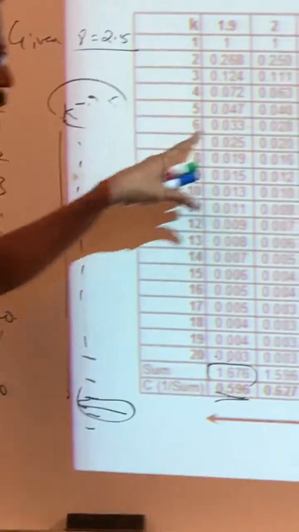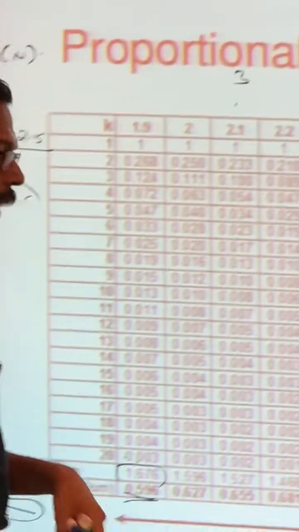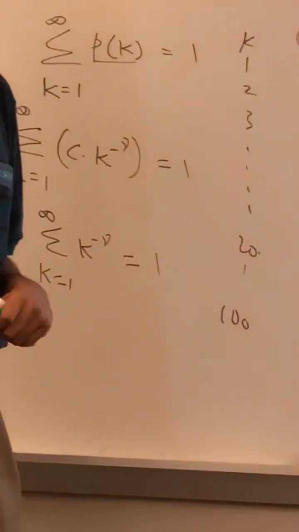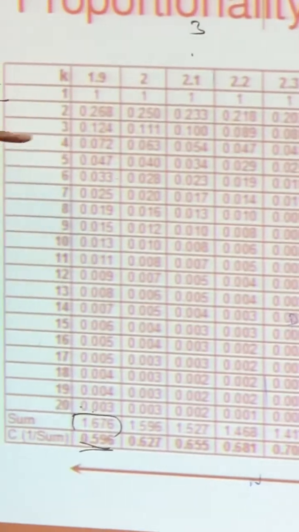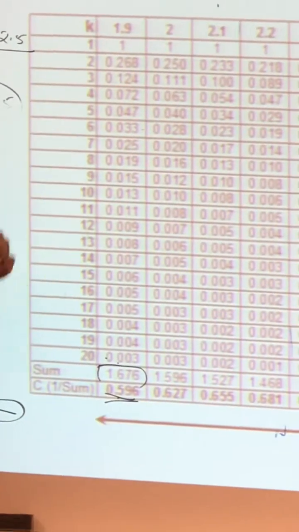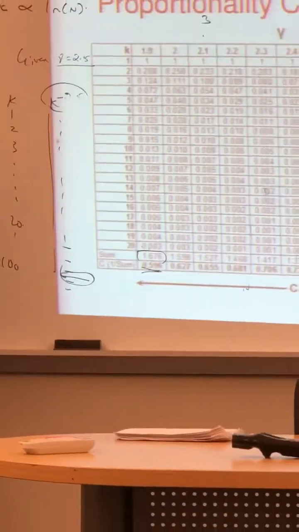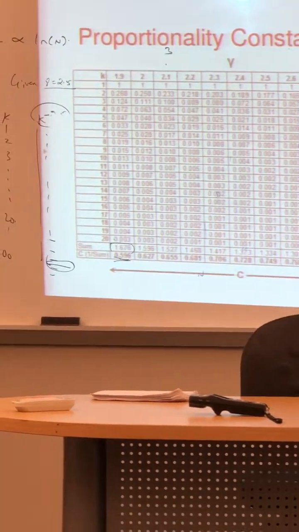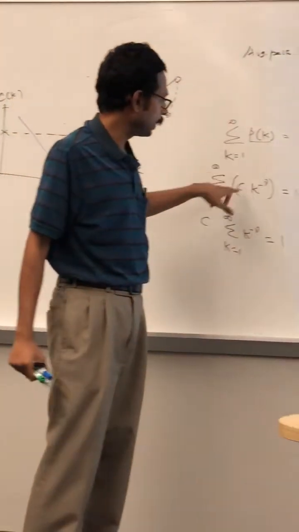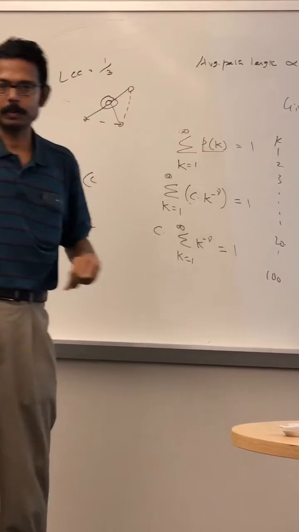So the summation is going to get smaller, and the inverse of the summation will get larger. So given a gamma value, you can find the proportionality constant. That is what you need to know. How? Using this summation, k equals 1 to infinity, k raised to negative gamma.